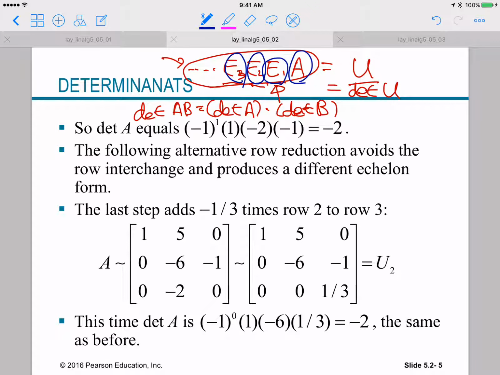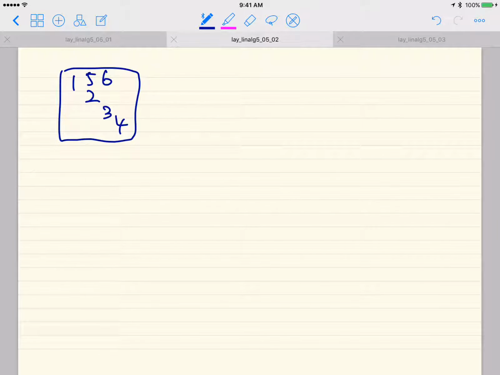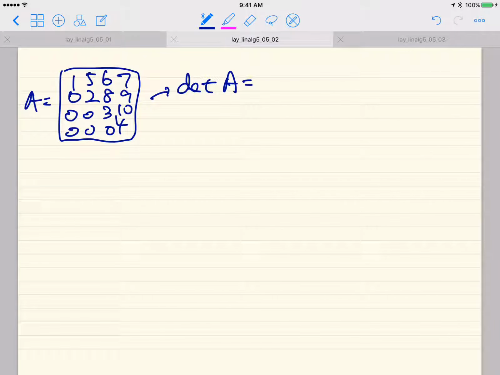So you're talking about a matrix like 1, 2, 3, 4, and 5, 6, 7, 8, 9, 10, this kind of upper triangular matrix. In this special case, the determinant of this matrix will be the product of the diagonal entries, right?